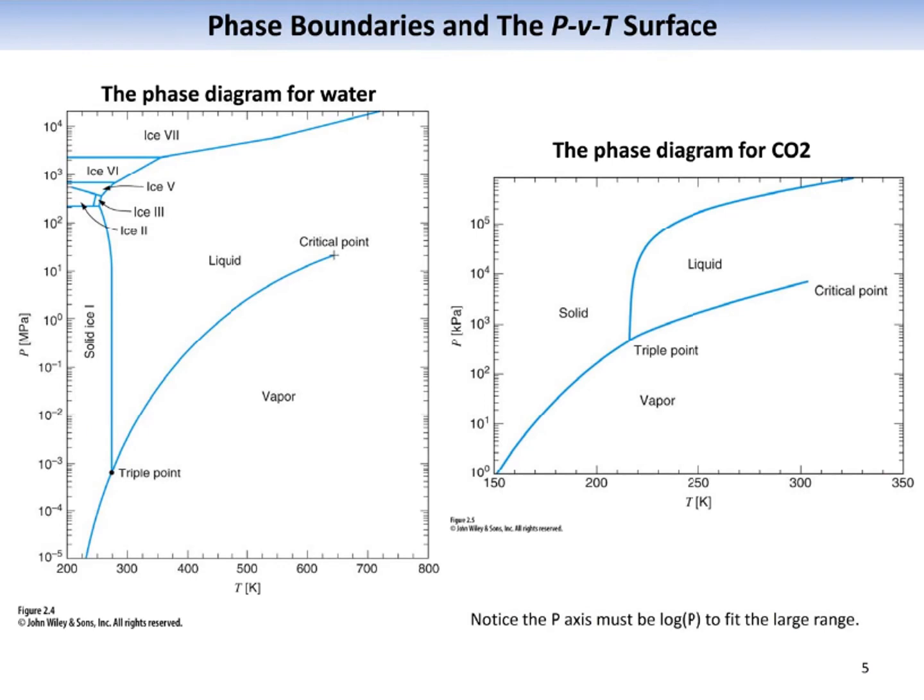On this slide, there are two graphs, one for water and one for pure carbon dioxide. We can exploit this behavior of pure substance, that is, converting solid into liquid and then into gases.